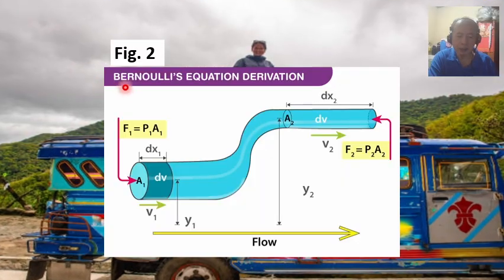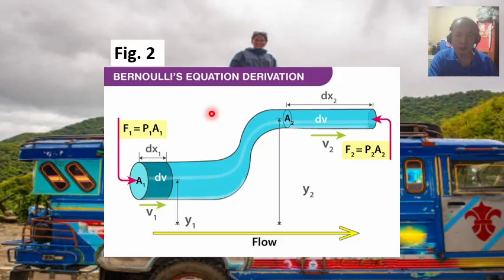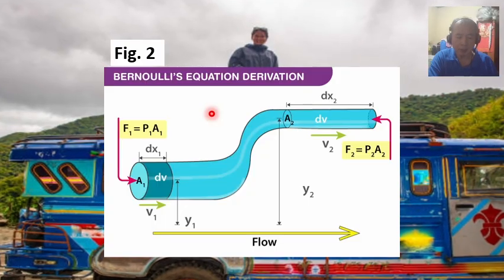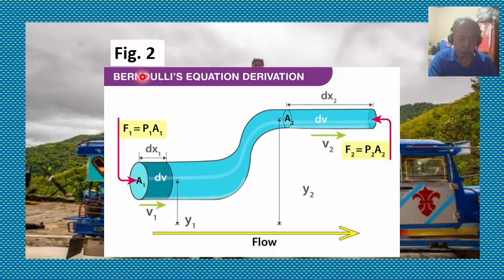A typical example of a pipe where Bernoulli's equation applies is shown in the diagram in figure 2.